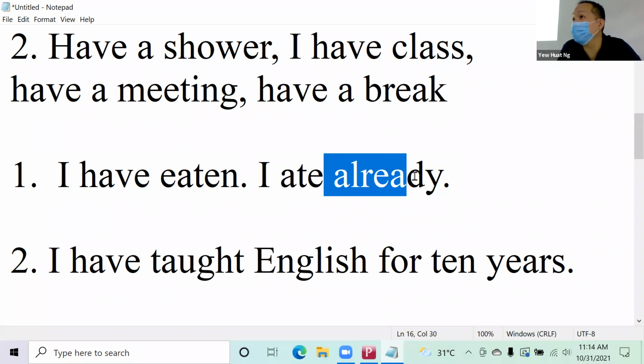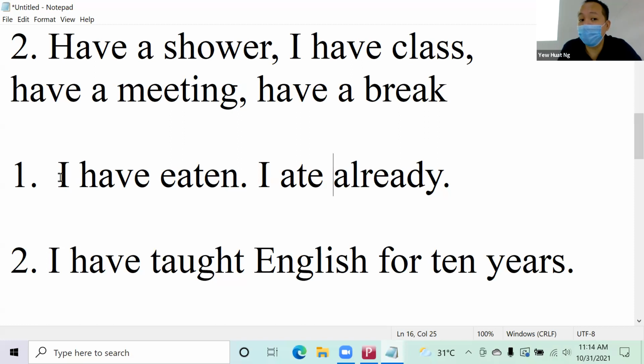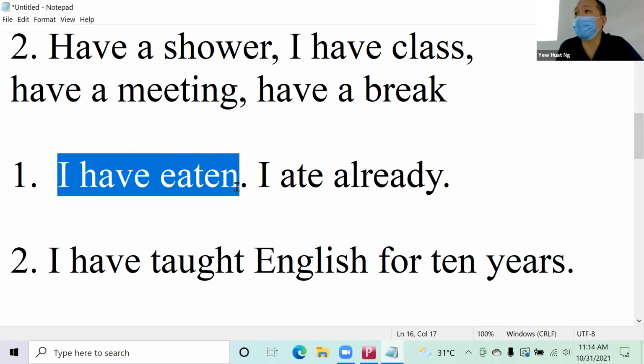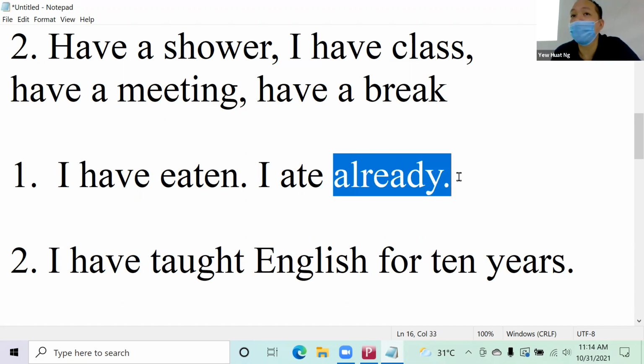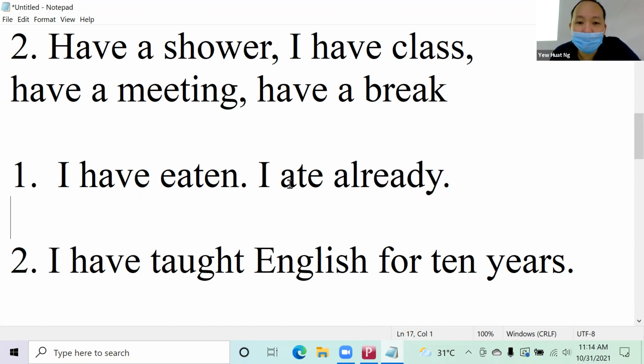You understand this? 这个也是完成时，因为它有一个 already. Right? But here you see, where is my 已经? Where is the 已经? Have. But here the 已经 is very clear. Right? Okay? So that's why when I have a very clear time, I need to put my past tense.